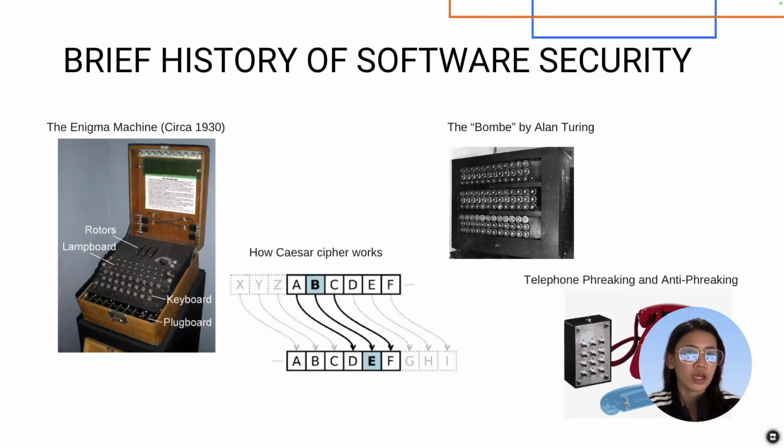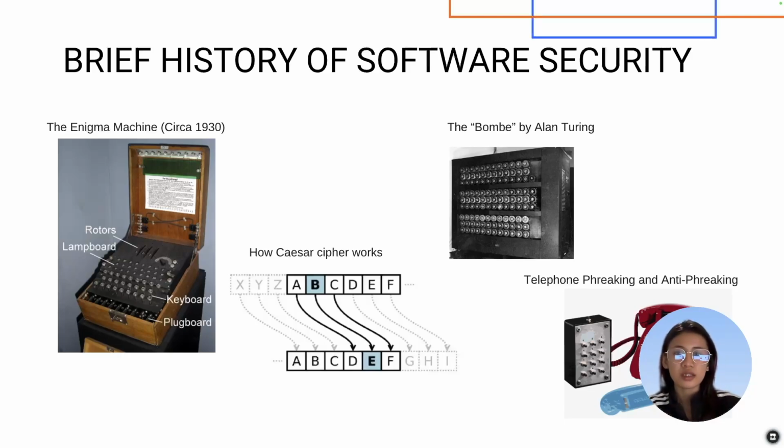For the last part of our history of software security, we have telephone phreaking and anti-phreaking. One of the next major developments in security history came with the widespread adoption of telephones. Telephones enabled rapid long distance communication and required large automated networks to operate efficiently.